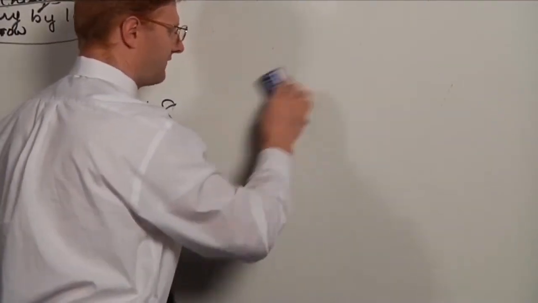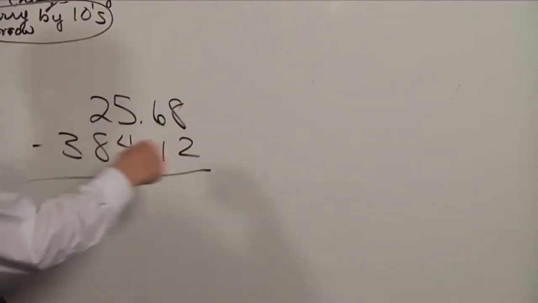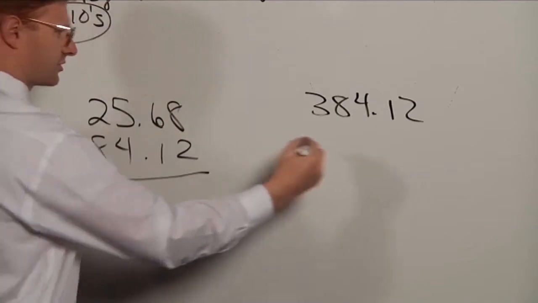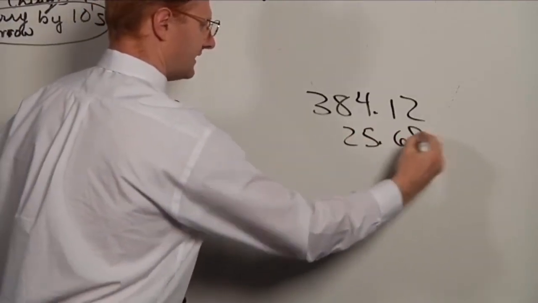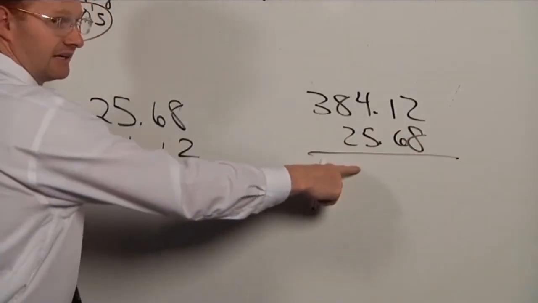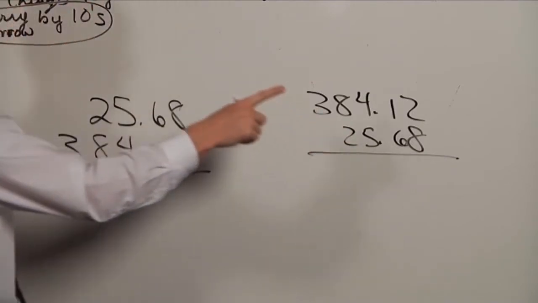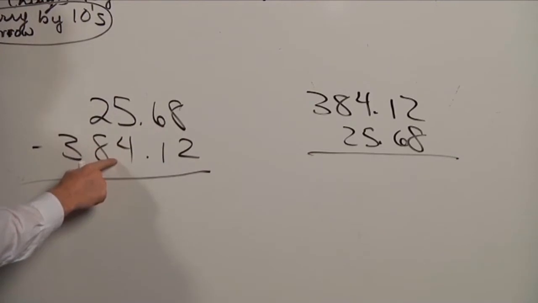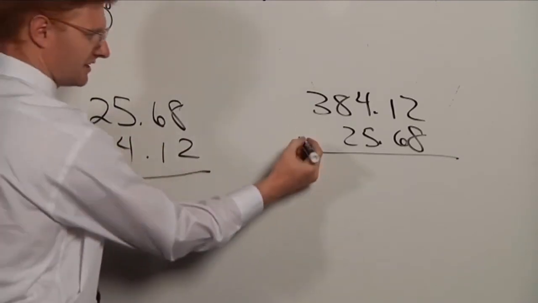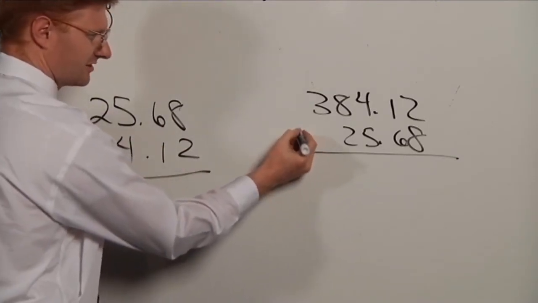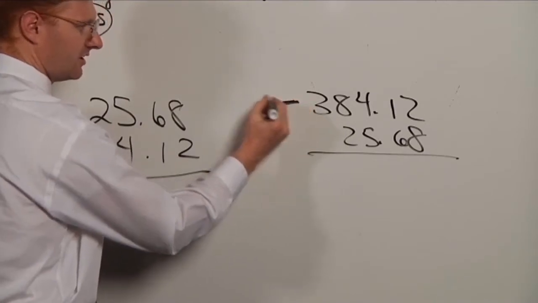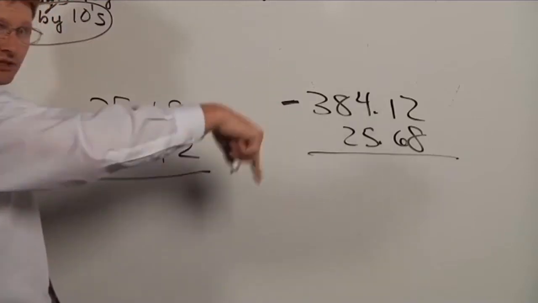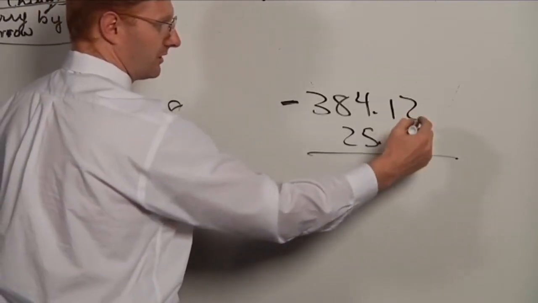So if I do this problem, 384.12, and I subtract the 25.68, this answer is going to be positive, but it will be the same number just in the other direction from this one. So what I'm going to do is, most often you've seen the subtract sign here, I'm going to put it up here just to remind me that this guy is stronger and he's going to win, but still do a subtraction. We're going to borrow like normal.